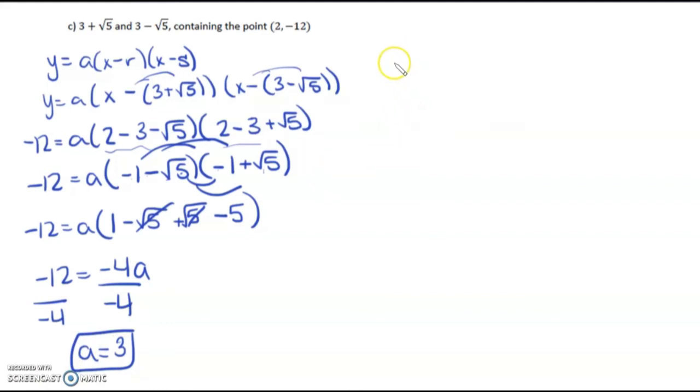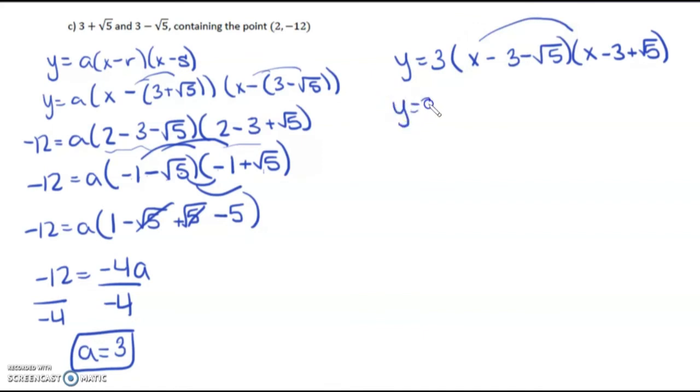Okay, so let's bring this up over here. y equals 3, bracket, x minus 3 minus root 5, and then x minus 3 plus root 5. And these are going to multiply. So x times x is x squared, x times negative 3, and then x times root 5.